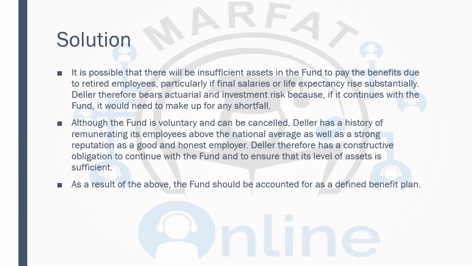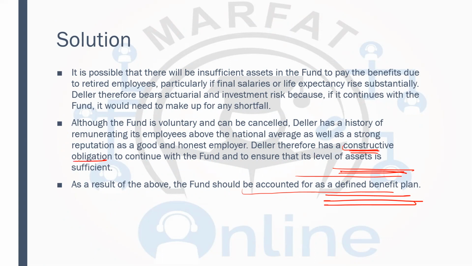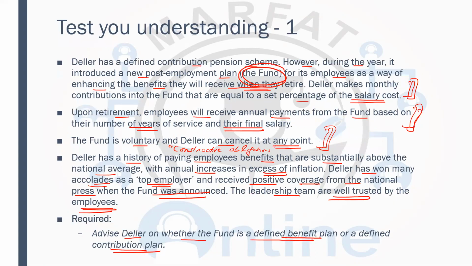So as a result, the fund should be accounted for as a defined benefit plan because they have the constructive obligation. Although it was not a legal obligation, they have constructed it for themselves from their past practice, and they have received the industry awards, and they are a well-reputed organization. The leadership team are well trusted by the employees.